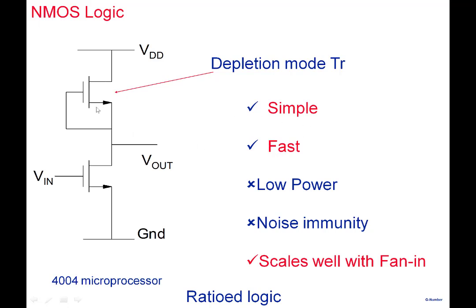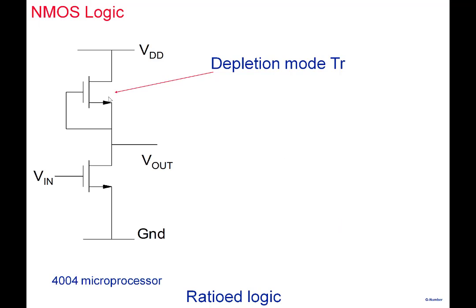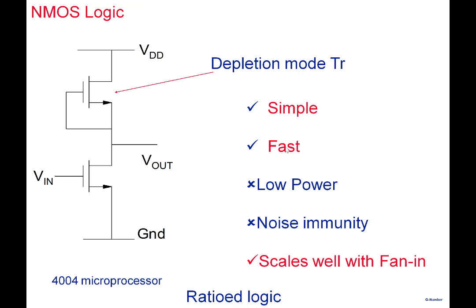It becomes faster because this is better than our previous resistive load here. So it's better in terms of speed, faster here. But power is again a problem, because when the output is low, there's a direct path from VDD to ground. So static power dissipation is still an issue. Noise immunity doesn't have a very good VTC. Noise immunity is still a problem.